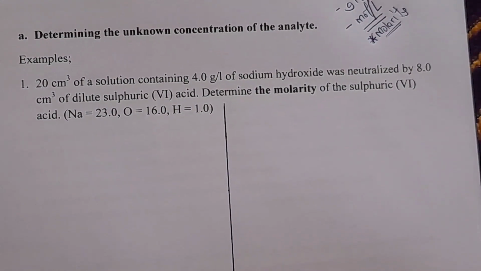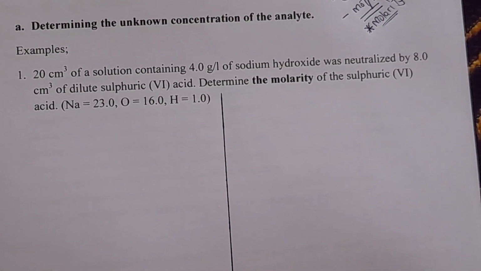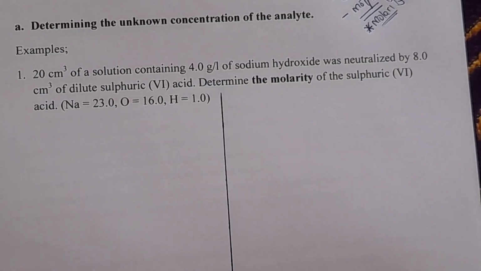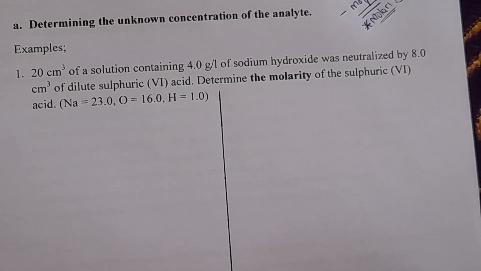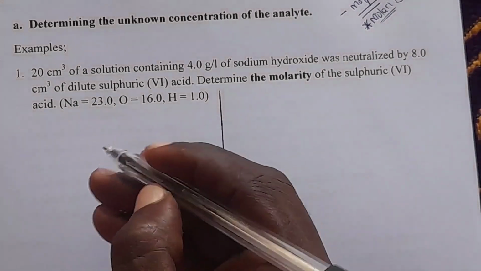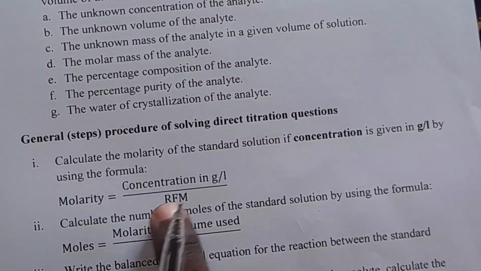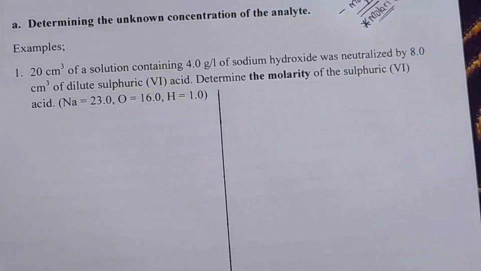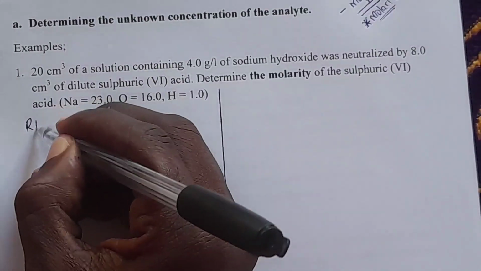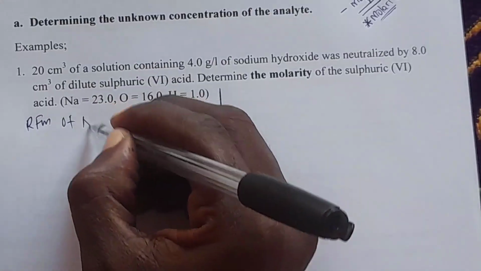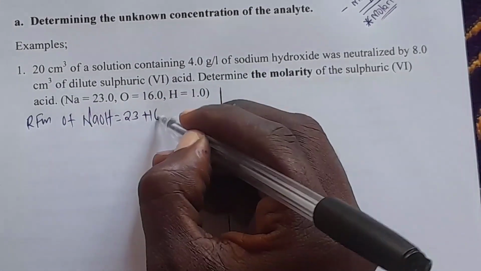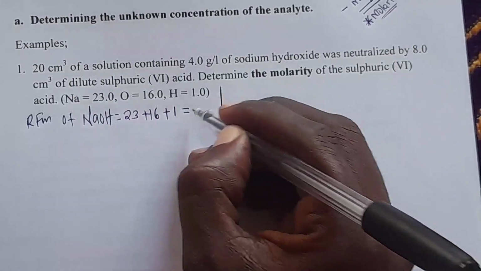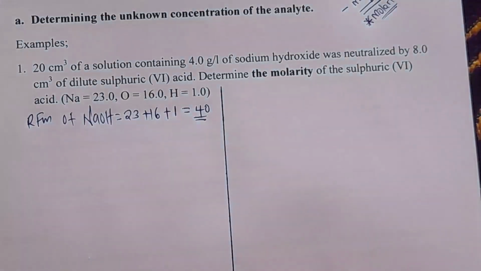What was the general procedure of calculating direct titration? The first procedure was to calculate the molarity if concentration in gram per liter is given, using the formula molarity equals concentration in gram per liter over the RFM. So first I get the RFM of sodium hydroxide. The RAM of sodium is 23, then oxygen 16, plus 1 for hydrogen, giving 40.